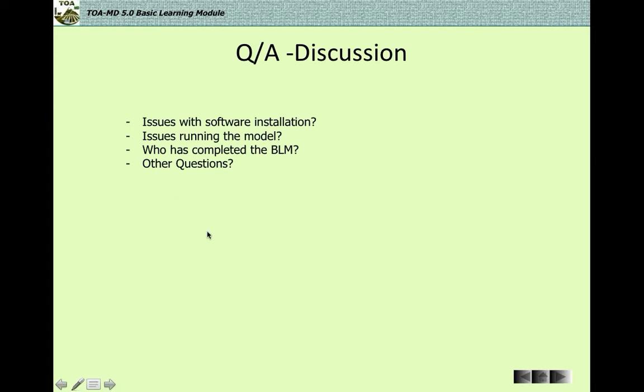And so that's really the most important part of this, is to make sure that before we get to the meeting at the end of June that everybody is familiar with the basic model, and we'll also be doing a hands-on climate change exercise after the BLM, so that when we get to the June meeting, our goal is really to be walking through step by step the actual procedures we use for calculating the statistics we need for the model and running the model both for climate change impact assessment and for adaptation analysis.